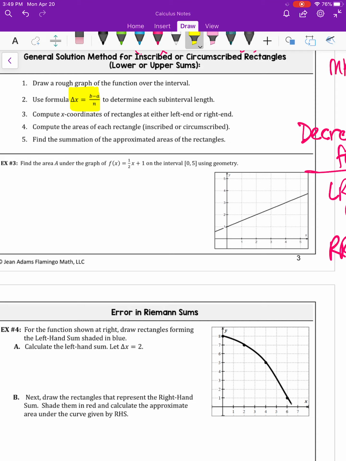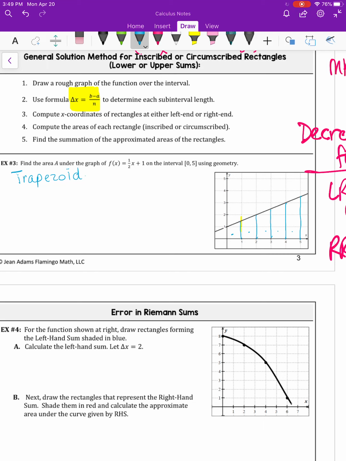So example number 3, find the area A under the graph of f of x equals 1/2 x plus 1 on the interval from 0 to 5. So now, from 0 to 5, we're going to partition off here and see how many rectangles we have.